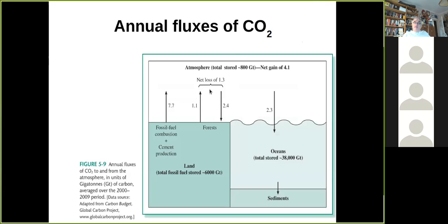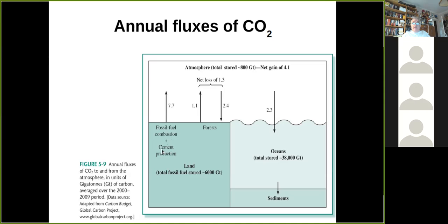Carbon dioxide goes out in the atmosphere, for example, by fossil fuel combustion or cement production. I'm sure you heard about the problem with Cementa, a Swedish cement and concrete production company on Gotland.